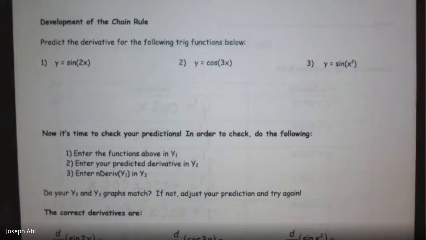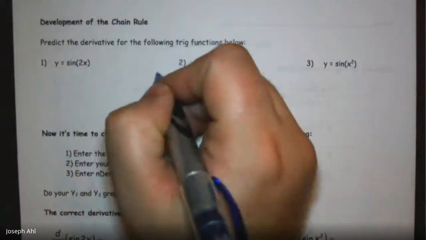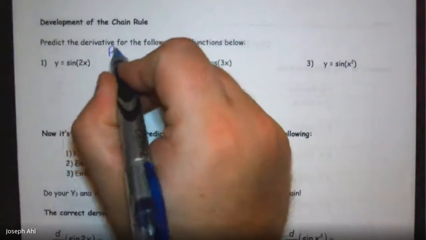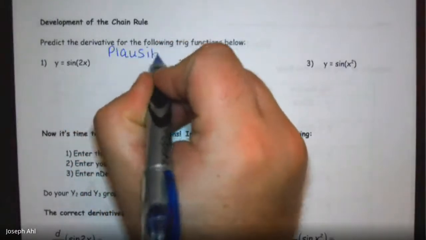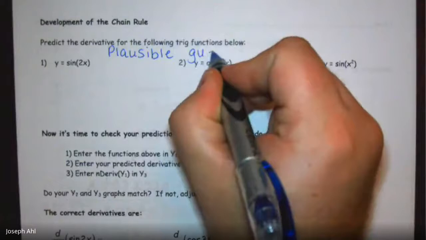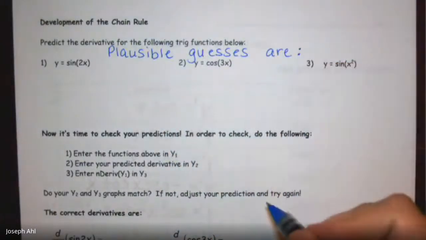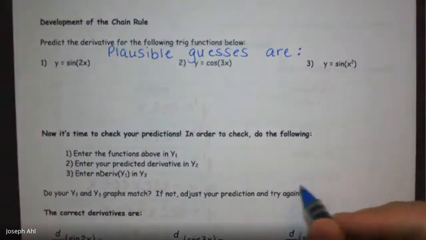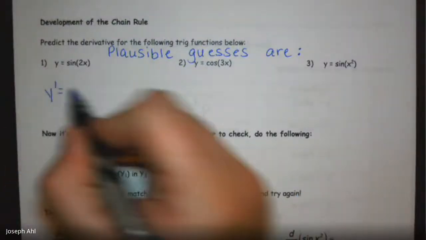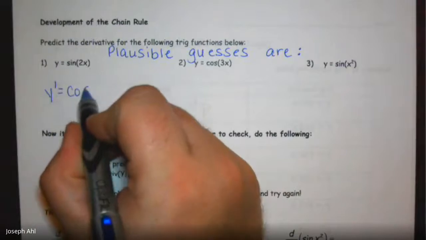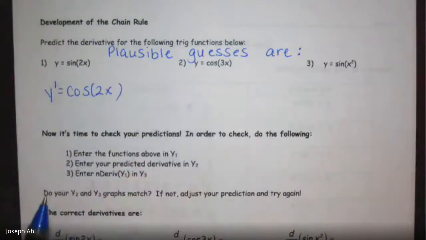I'm going to right now tell you what I think plausible guesses would be based on what you know up until this point. If you're following our rules for trig derivatives, the plausible guesses I would expect to see are that y prime would be, in this case, cosine of 2x, right? Derivative of sine is cos.